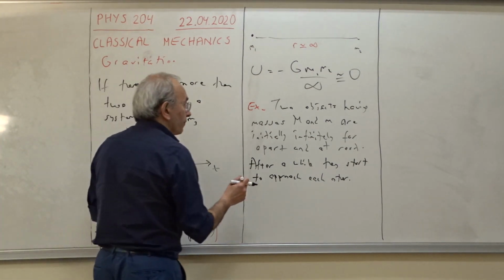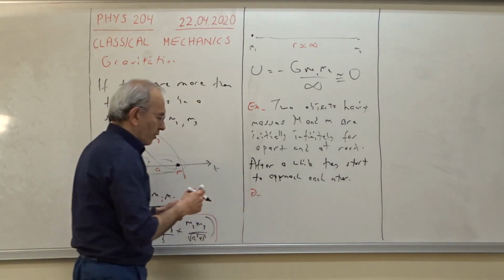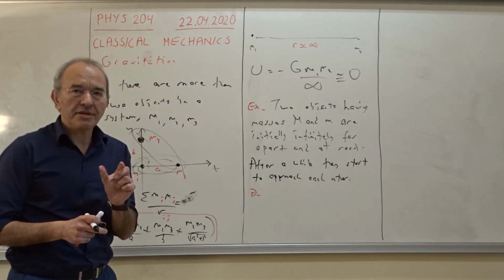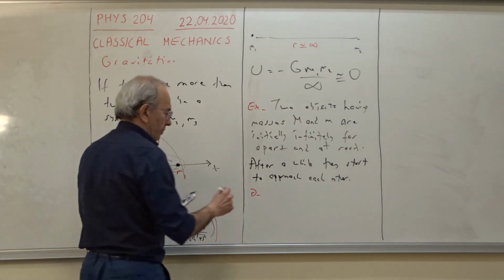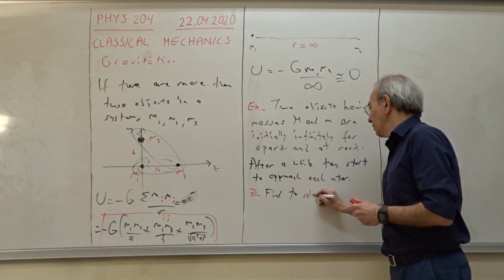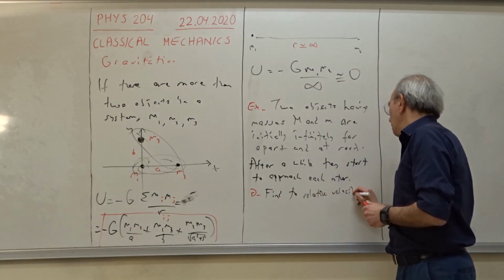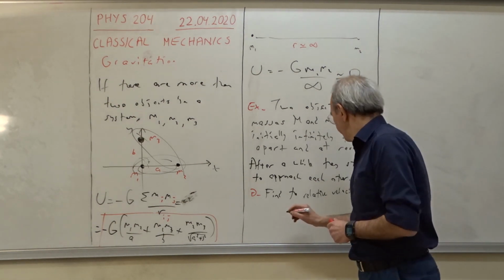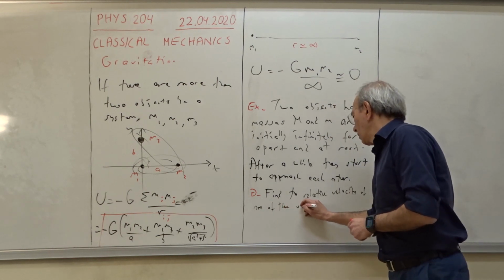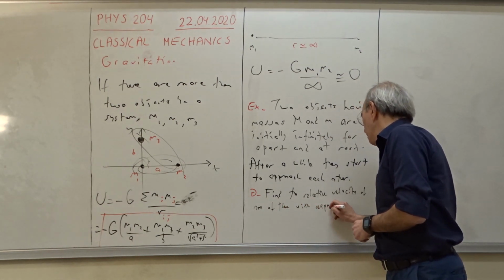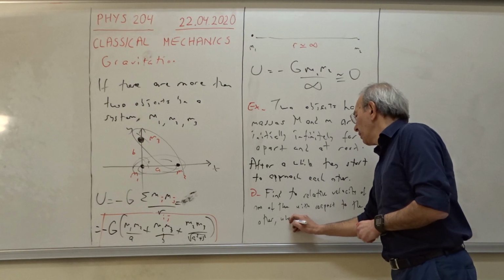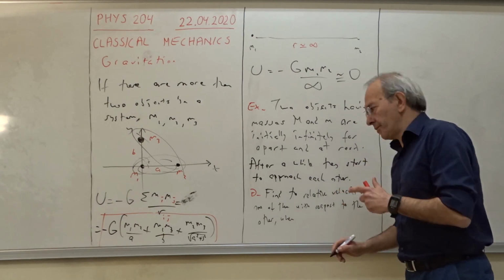Part A, find the relative velocity of one of them with respect to the other when their separation is r.